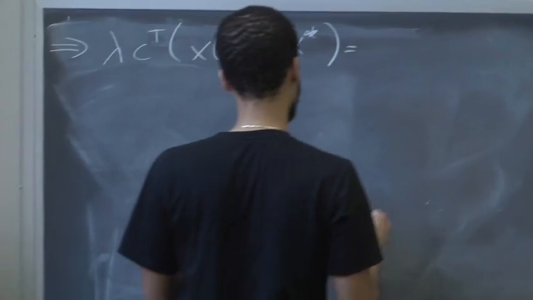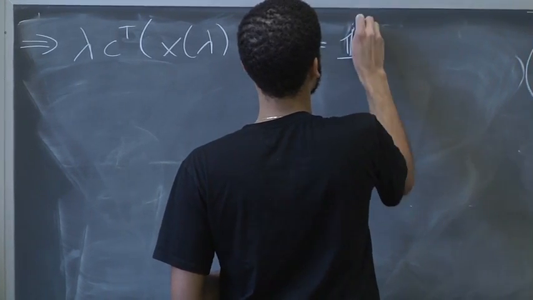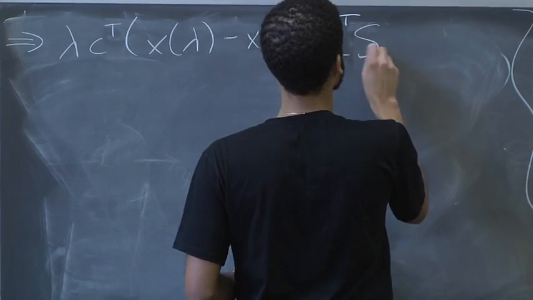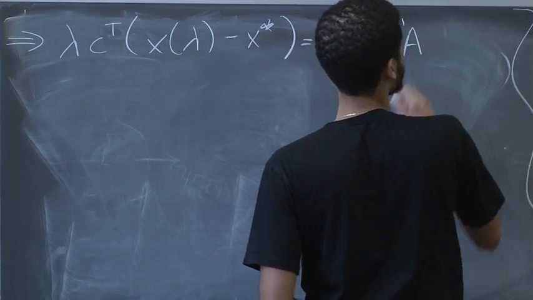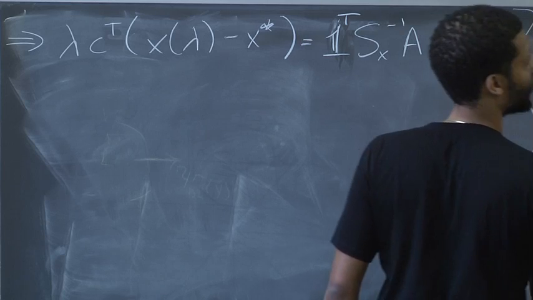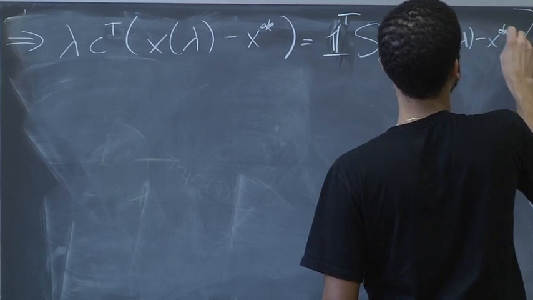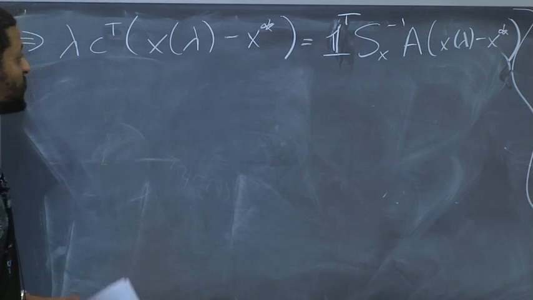So this thing is equal to the all ones vector transpose Sx inverse A times x lambda minus x star.